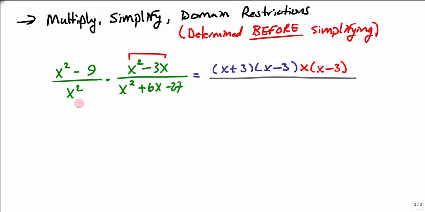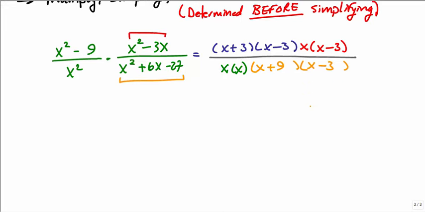Now for my denominator, I still have this x squared, and if we want to, we could think about that as x times x. Now this x squared plus 6x minus 27 factors as well into a product of binomials. So I think we'd call this 9 times 3 is 27. So let's call this a plus 9 and a minus 3.